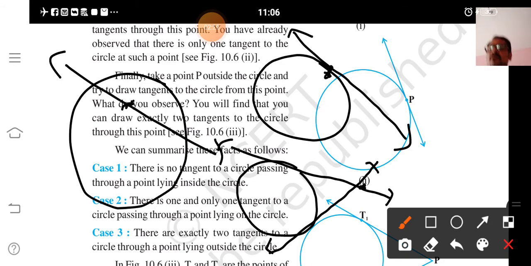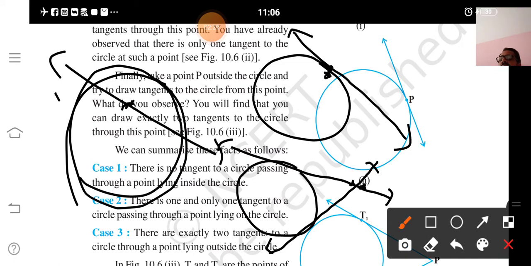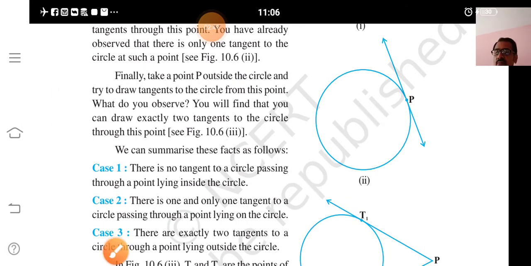So from an exterior point we can draw 2 tangents to the circle. Right? So remember one thing, from a point which is interior of the circle we cannot draw any tangent. Through a point which is on the circle, we can draw only one tangent. From a point which is exterior of the circle, we can draw 2 tangents.